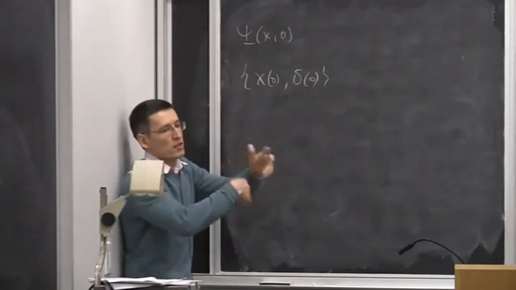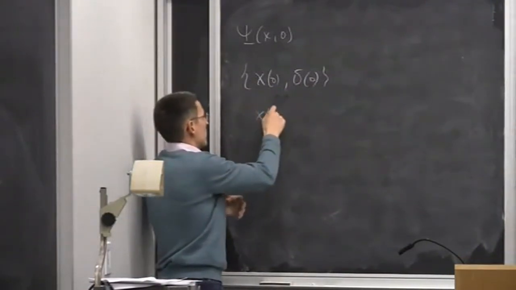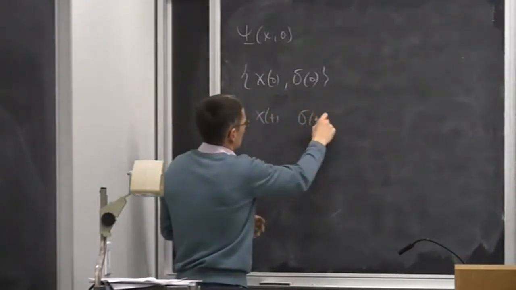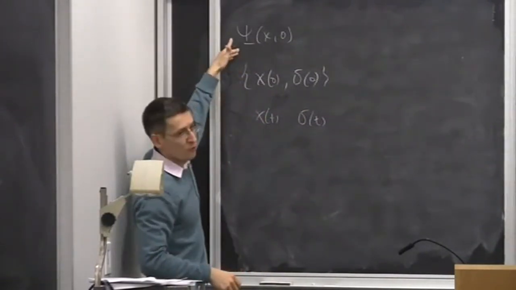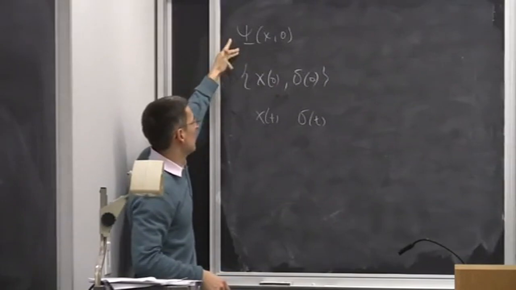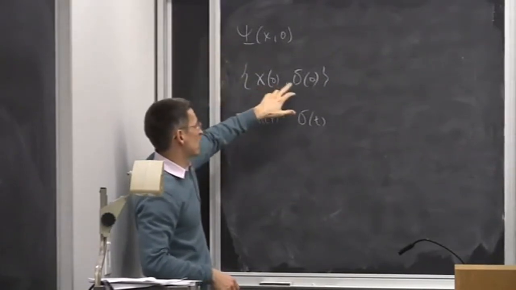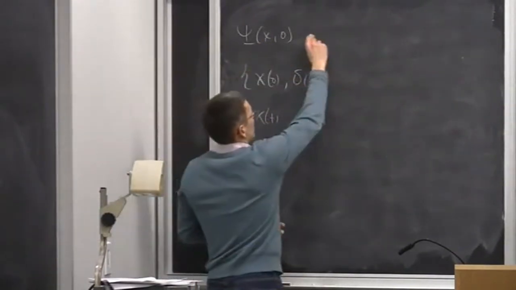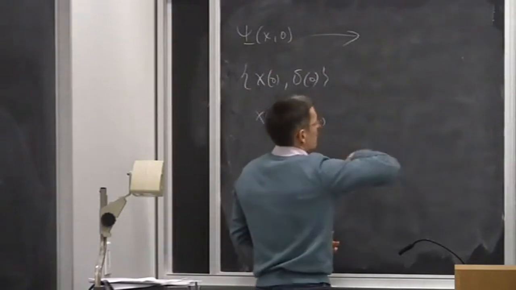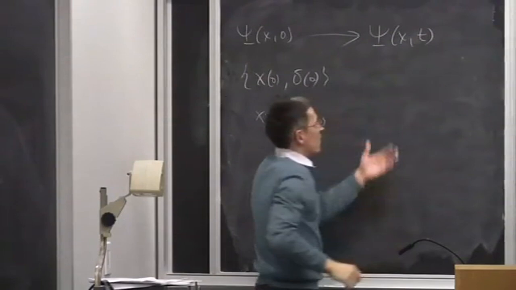Then you can solve the Newton equations and obtain x of t and v of t at later time. That's the setup of classical physics. Quantum physics is no different here. The only difference maybe is that you don't actually need position and velocity, you just need a wave function at 0 time. And the solution of the time-dependent Schrödinger equation gives you the wave function at later time.